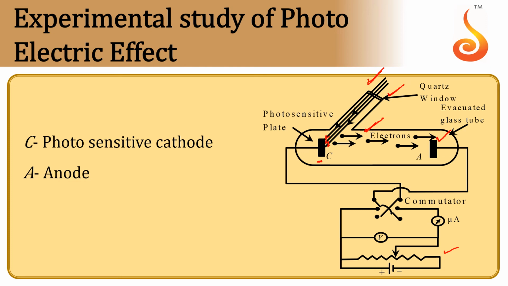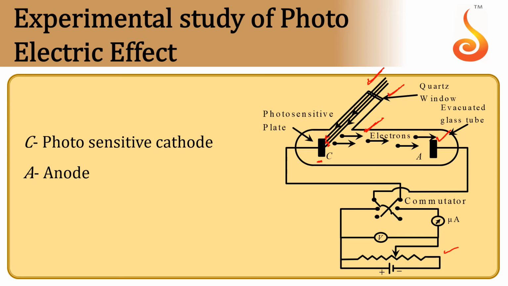The collector, the electrode C, is connected to the midpoint of the potential divider arrangement, while the electrode A can be given a positive or negative potential as desired. With respect to the plate C, voltmeter V measures the potential difference across the plates.